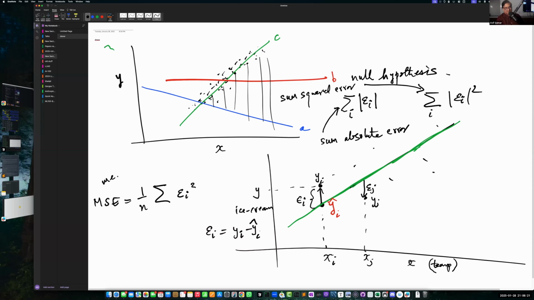And most AI libraries usually take this as a default measure. Mean squared error is this. Does this make sense? Common sense to intuition? And mean absolute error would be very similar, epsilon i. Now you say, no, wait a minute. Given this epsilon, I could have done all sorts of things. I could have taken the cube power, the fourth power. I could have done sine, I don't know, some weird function of that error.